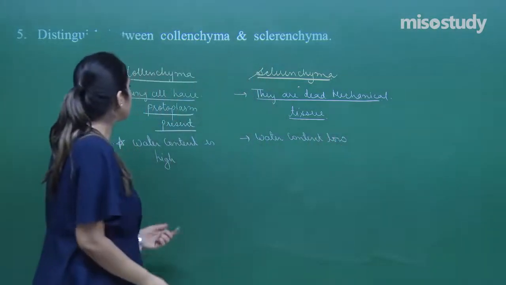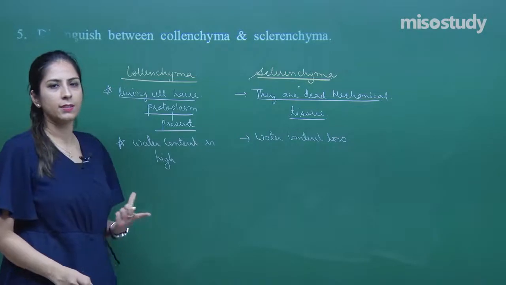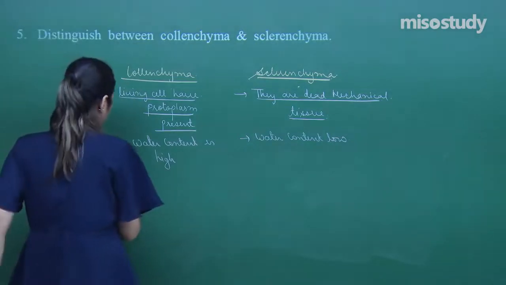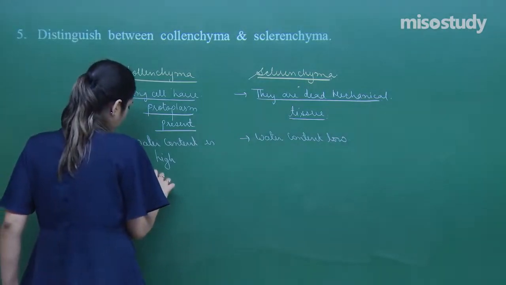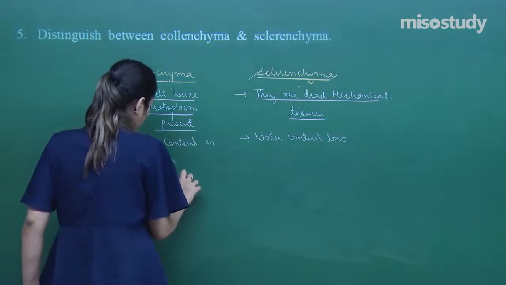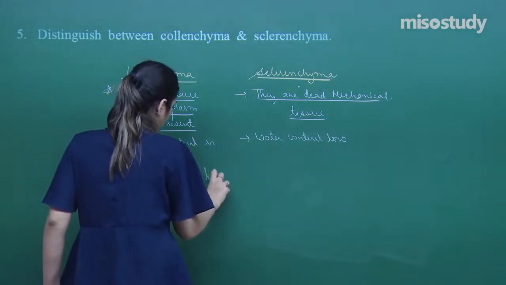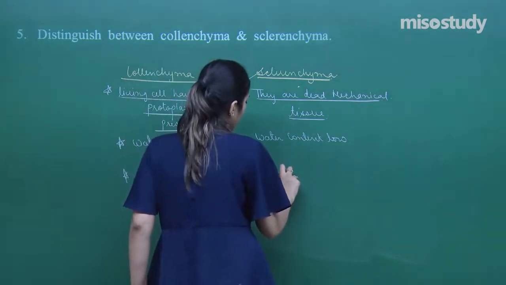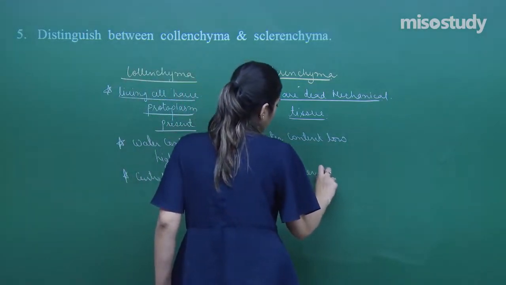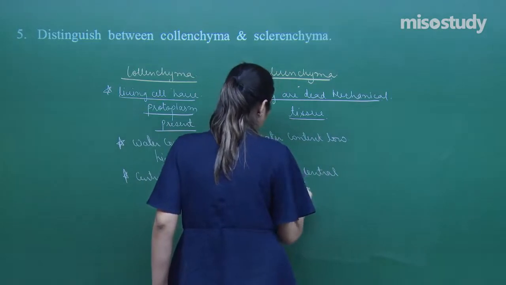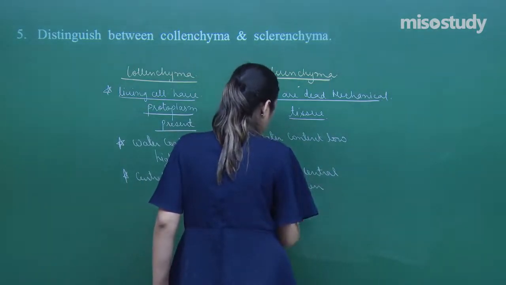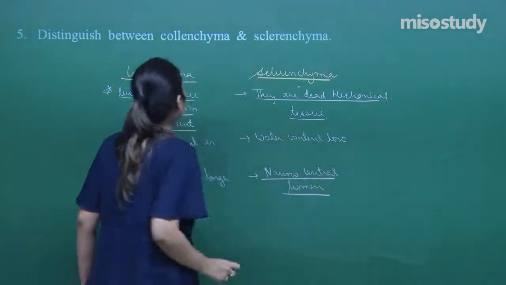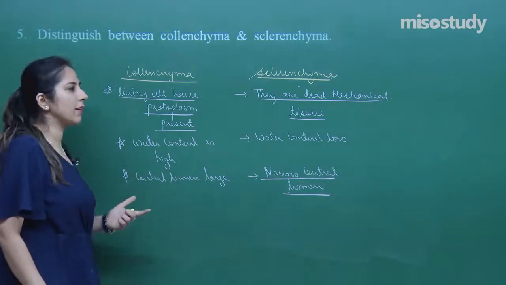In collenchyma, the central lumen is very large, while in sclerenchyma the narrow central lumen is there. These are the differences between a collenchyma and the sclerenchyma.